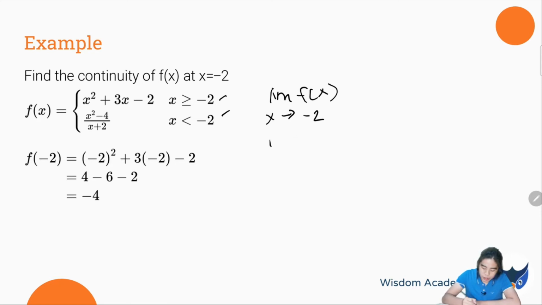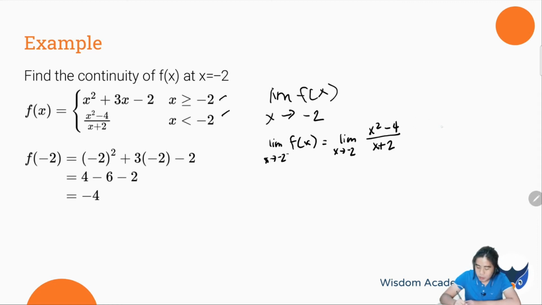So, the limit of f of x as x approaches negative 2 from the left first. It will be equal to the limit as x approaches negative 2 of x squared minus 4 over x plus 2. So, using direct substitution, we get 0 over 0.